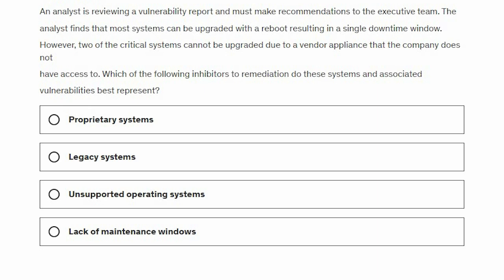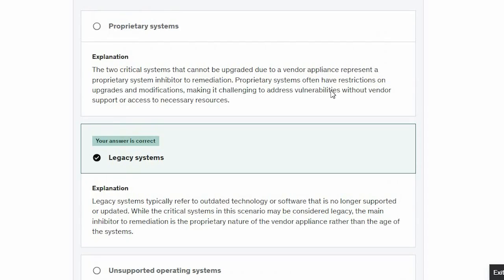The correct answer is 2 or B, legacy system. Question number 4. Answer explanation. Answer number 1, proprietary system. The 2 critical systems that cannot be upgraded due to vendor appliance represent a proprietary system inhibitor to remediation.